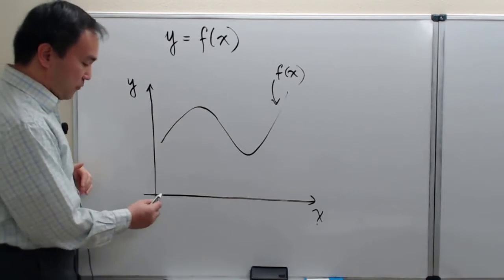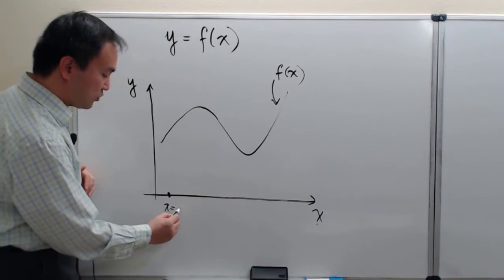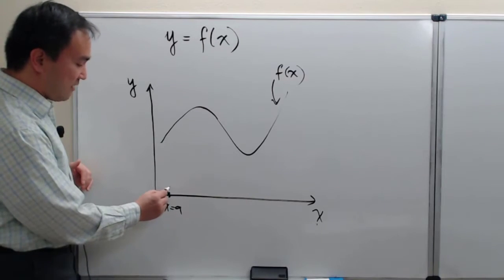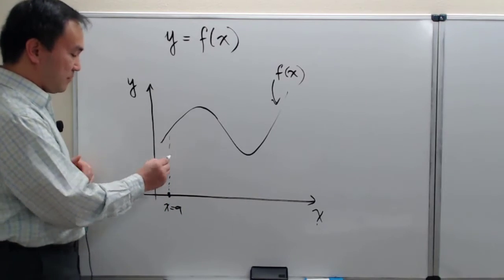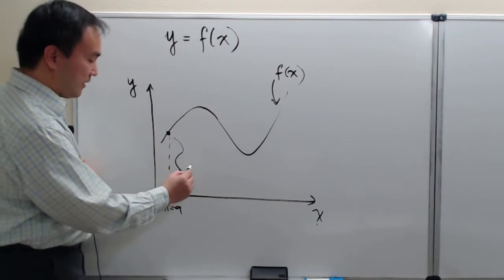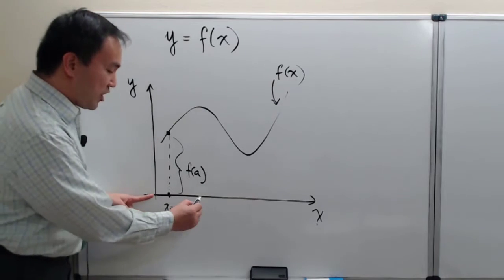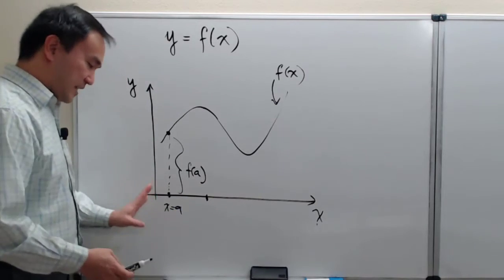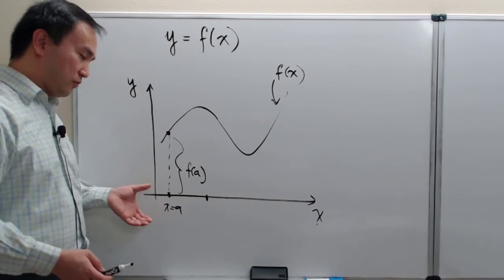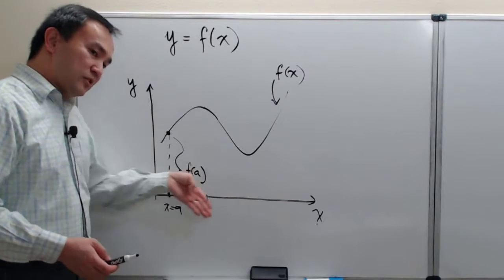So for example, if I start out here looking at x equals a right here, at a I have a function value, namely f of a, the function output at x equals a. But then, as I said, let's stay in the convention that we're looking at the change in x from the left to the right.